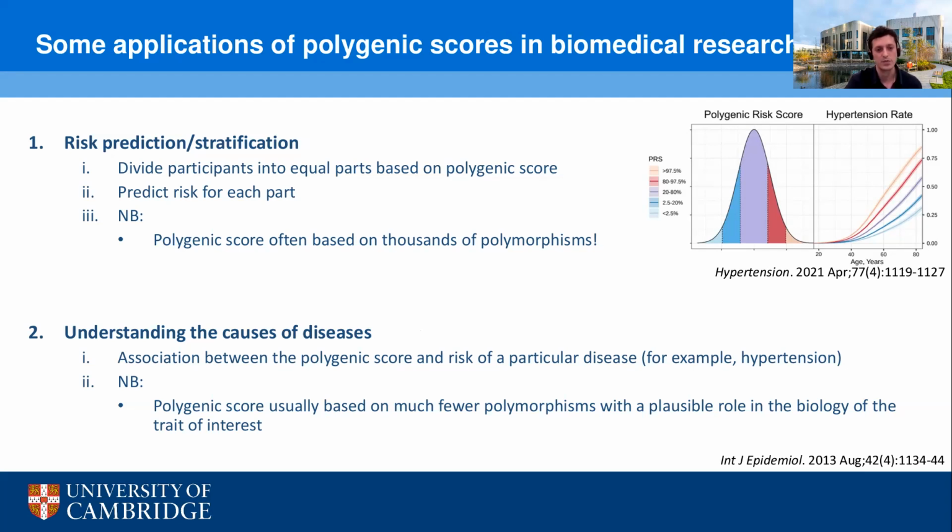We can use them to estimate the association between the polygenic score and the risk of a particular disease, for example, hypertension in this case. In this case, however, the polygenic score is usually based on much fewer polymorphisms that need to have a plausible role in the biology of the trait of interest, because we are interested in causality, not in prediction. There's an important difference.